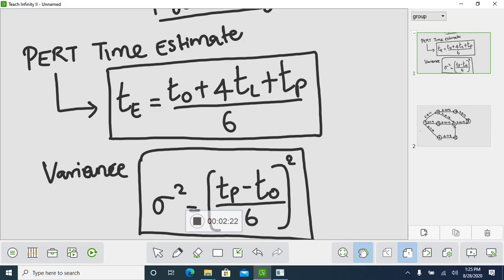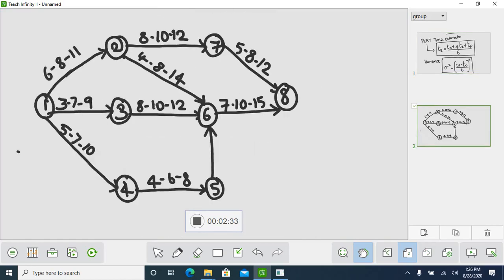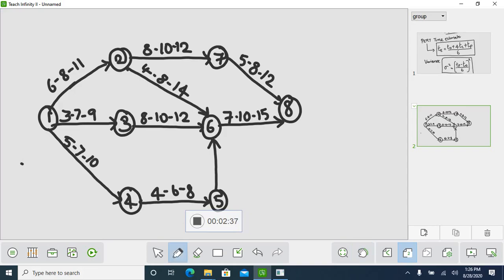So the problem is, we have to determine the expected time for each of the paths.